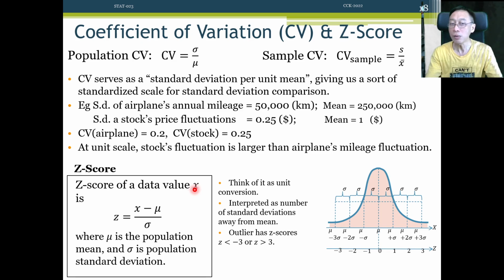So calculation, very simple. Just apply X minus the mean of the bag of data over the standard deviation of the bag of data. Okay, so of course the standard formula uses population and uses population mean, population standard deviation.